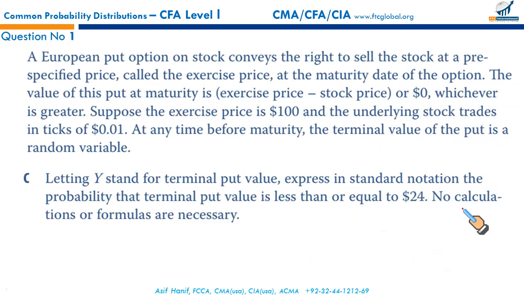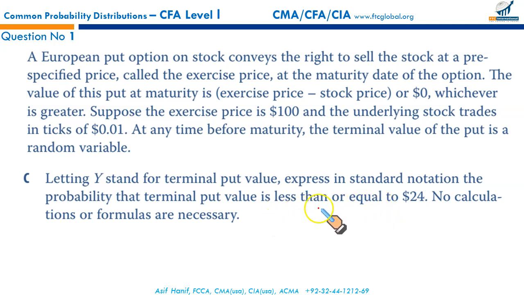Next, the same question, but the requirement is a little different now. Letting y stand for terminal put value, express in standard notation the probability that the terminal put value is less than or equal to 24. We just have to give it in a statistical standard notation, nothing scientific.